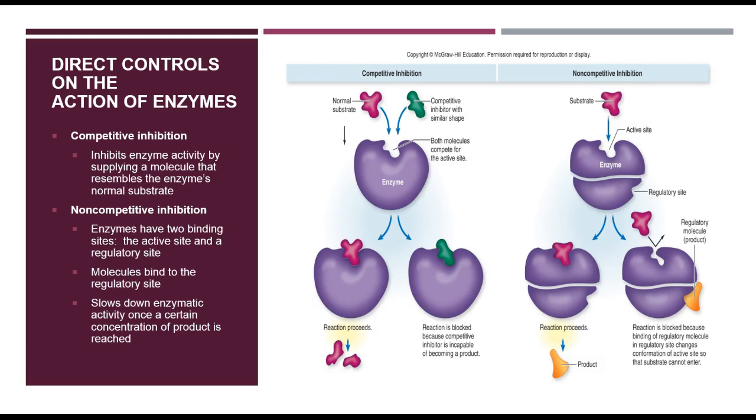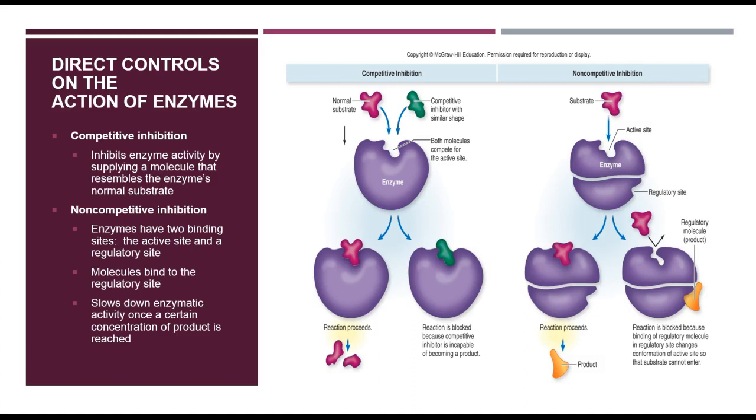There are a few controls within cells that directly affect the action of enzymes, and these are competitive and non-competitive inhibition. We can inhibit, prevent, or control the action of enzymes with different substrates.